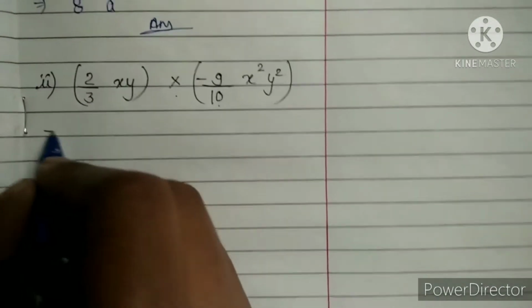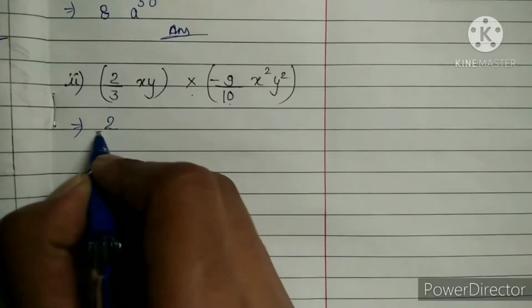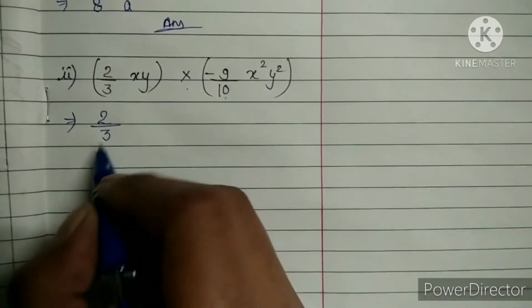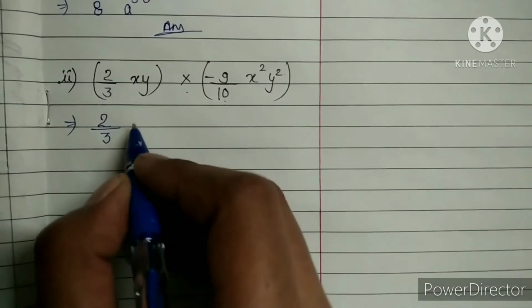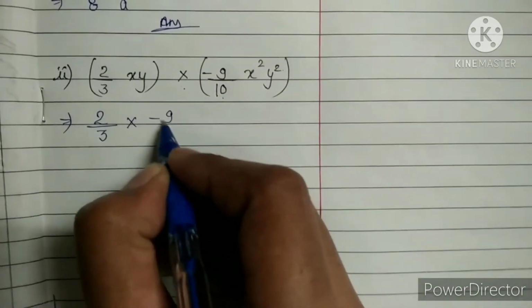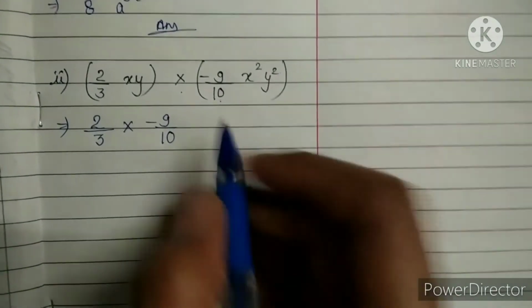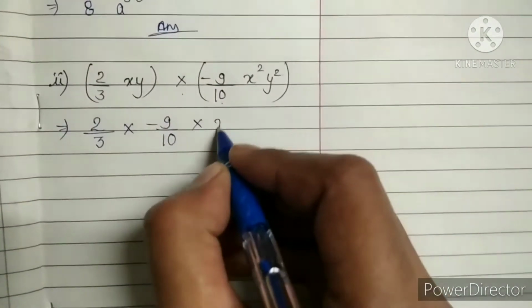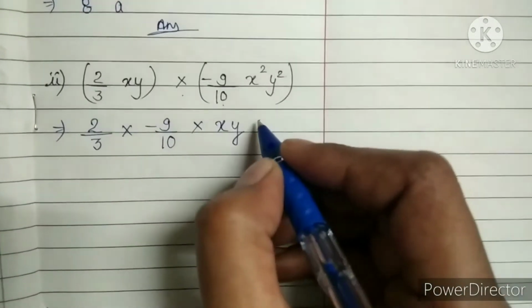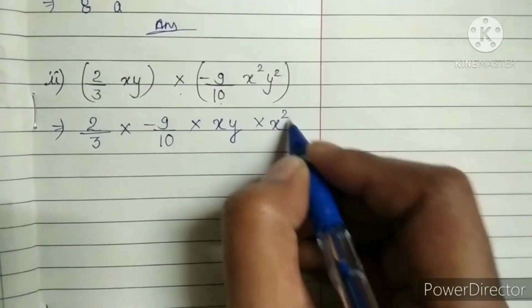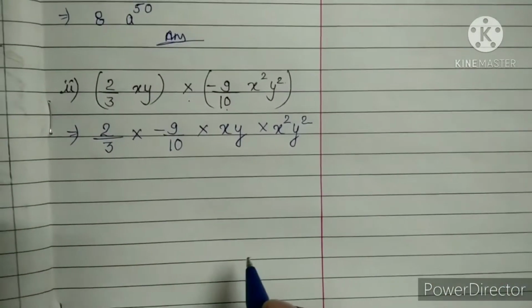Taking the numerical coefficients out of each term, 2 by 3 comes from the first one and minus 9 by 10 comes from the second one. In the first one the remaining part is xy, and in the second one it is x square y square.